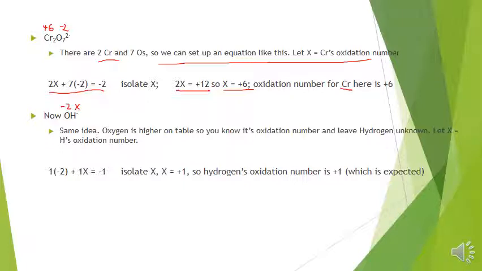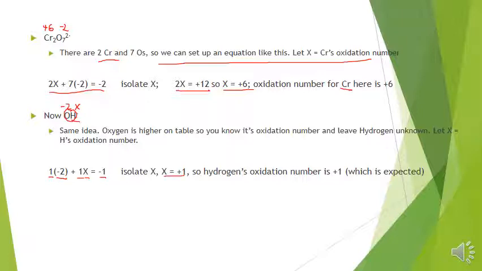Okay, so there's one oxygen, which has minus 2. There's one hydrogen, and we don't know its oxidation number. This OH minus has a charge of 1 minus, so minus 1. So you get minus 2 plus x equals minus 1. Isolate x, solve for x, and you get x is equal to plus 1.